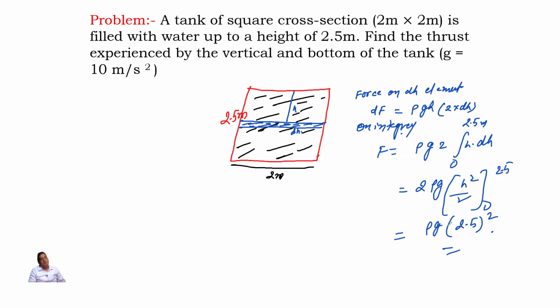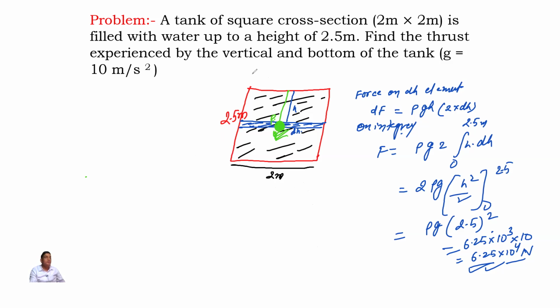So how much will it be? We can calculate. Its answer will be 6.25 into 10 power 4 Newton. That means the force. We can do this question in another way. If we take the pressure at the center and then multiply that pressure with this area, we will also get the same answer. So you try, and if you get the answer, please let me know.